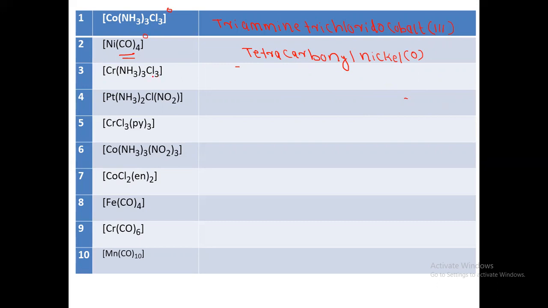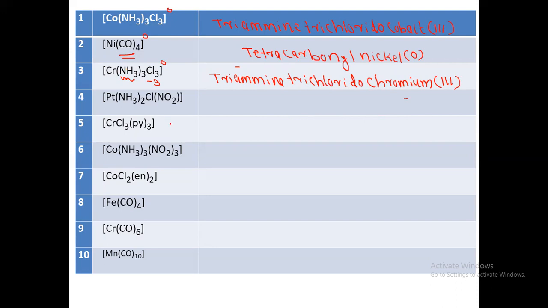Again, alphabetic preference goes to ammine. So triammine, trichlorido, chromium, the metal name as such. Okay, what is the charge? No charge for ammonia. The charge of Cl3 is -3, the total charge is 0, so it should be balanced by +3. So chromium 3. That's it.